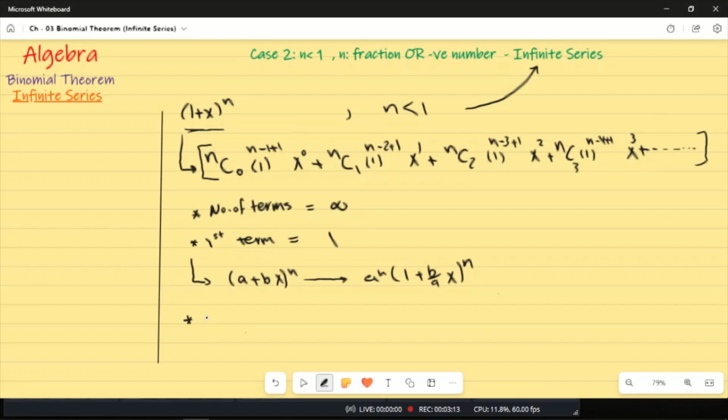So we have the condition of convergence: the absolute value of the second term, which is represented here by x, must be less than 1. Okay, let's clear that and move to the first example.